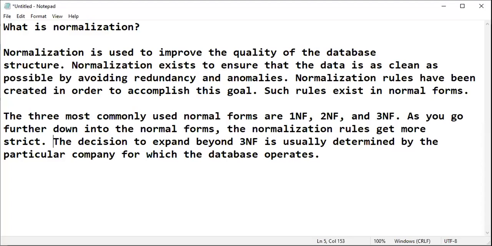This is Jacqueline Corley, and today is going to be all about one of my favorite topics in the database development industry, and that is normalization. Not only is it one of my favorite topics, but it is also one of the most important topics that we really need to understand clearly.